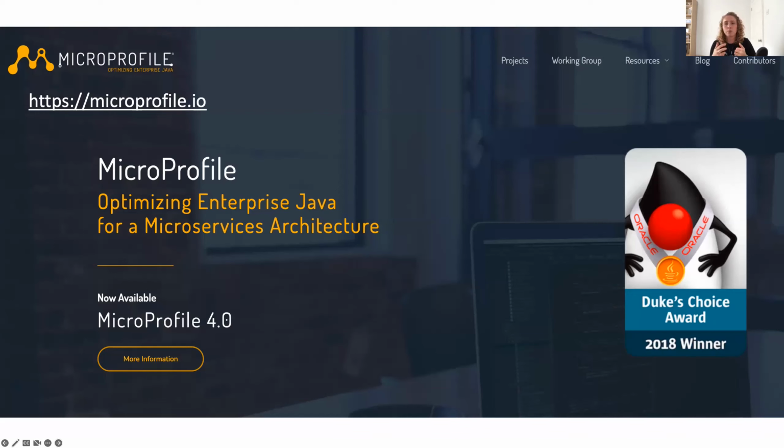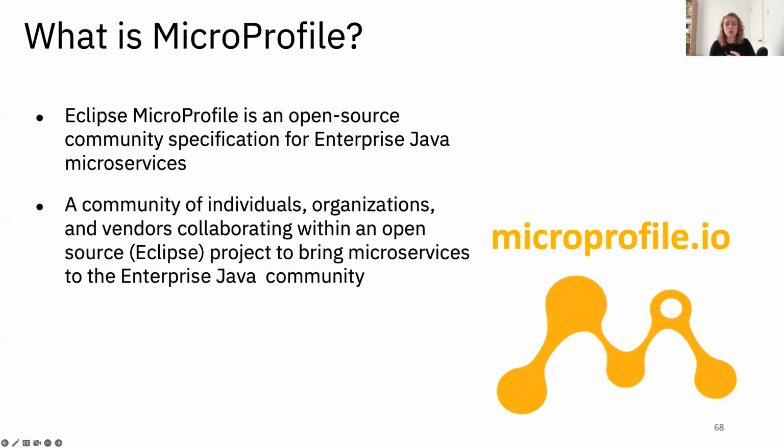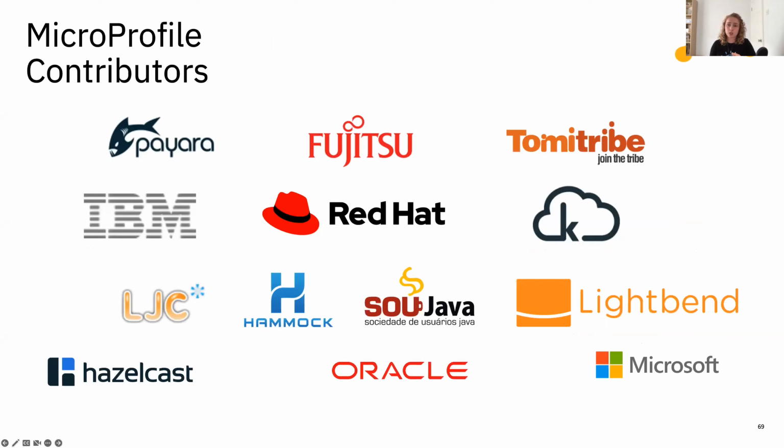It is designed to help those who are developing enterprise Java applications to design for things like microservice architectures. It's all open source, and as I said, it's developed by a wide range of individuals, including individuals themselves, organizations, and vendors who all collaborate together to create this specification and help bring microservices and innovation to the enterprise Java community.